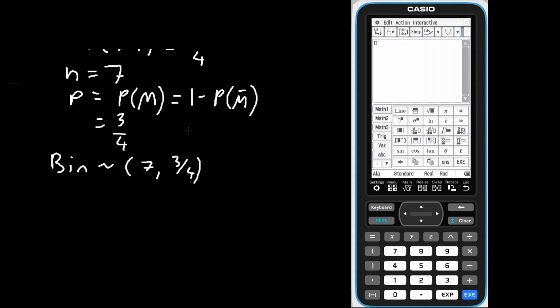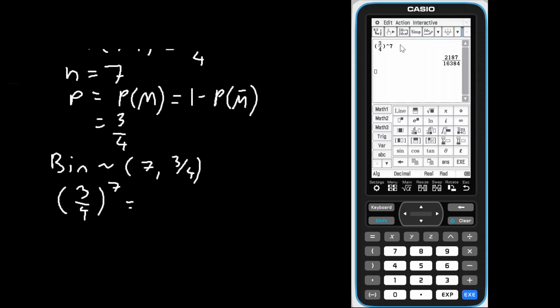So you can either do this with the formula, but it is calculator assumed. So what we can do is just say it is 3 divided by 4 all to the power of 7. Okay? And when we calculate that, that gives us this horrible thing.